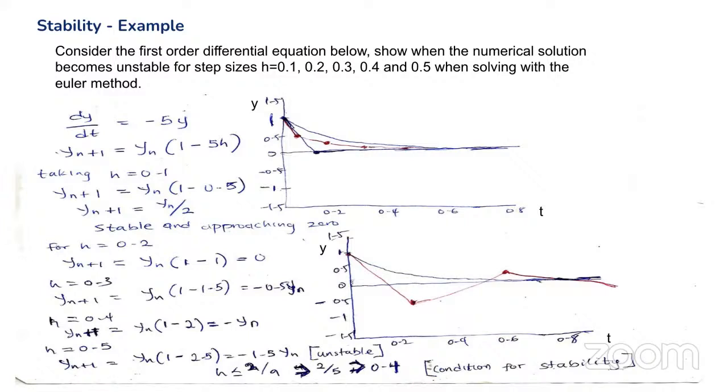So if you want a stable solution that will look like the true solution, then you have to take your step sizes for each iteration to be less than 0.4 for this particular differential equation. h is less than or equal to 2 over a. So that's the condition for a stable solution for this Euler method. Okay, please let's go to the next slide.